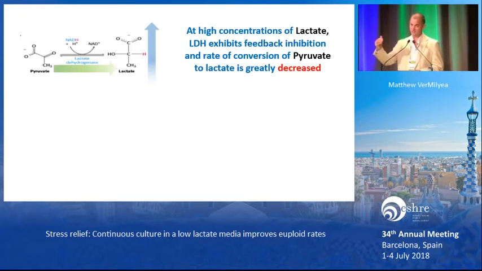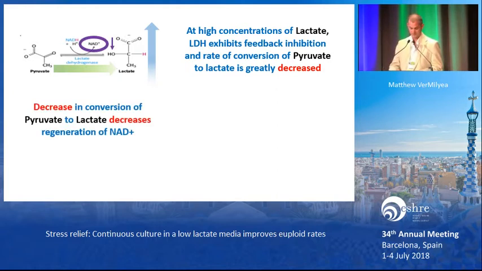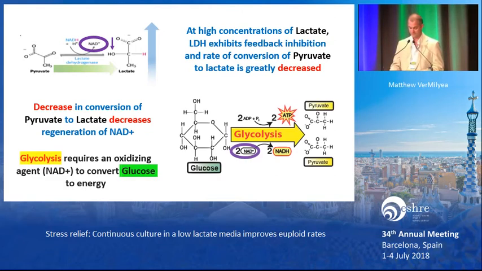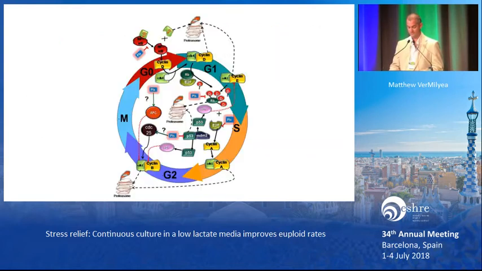But if we have high concentrations of lactate, LDH exhibits a sort of negative feedback inhibition, whereby the conversion of pyruvate to lactate is greatly decreased. And that ultimately has a profound effect on the decrease of NAD production and regeneration. Of course, NAD is very much required for glycolysis and to convert glucose into energy.